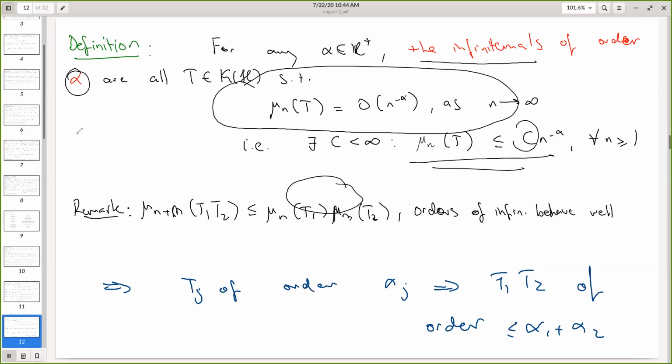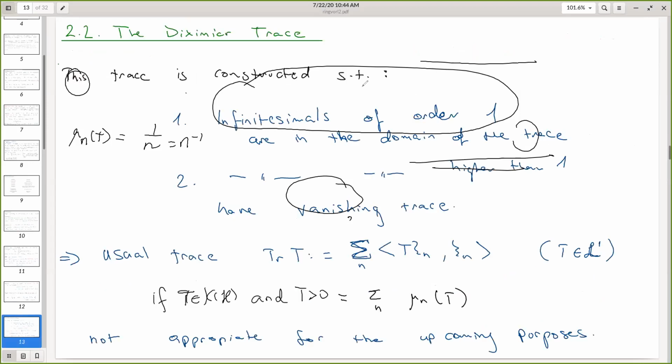For example, if for some operator these mu n of T in the limit n goes to infinity go as 1 over n, then you have an infinitesimal of order 1, okay, and so on. Because this is n to the power of -1, and 1 is alpha.